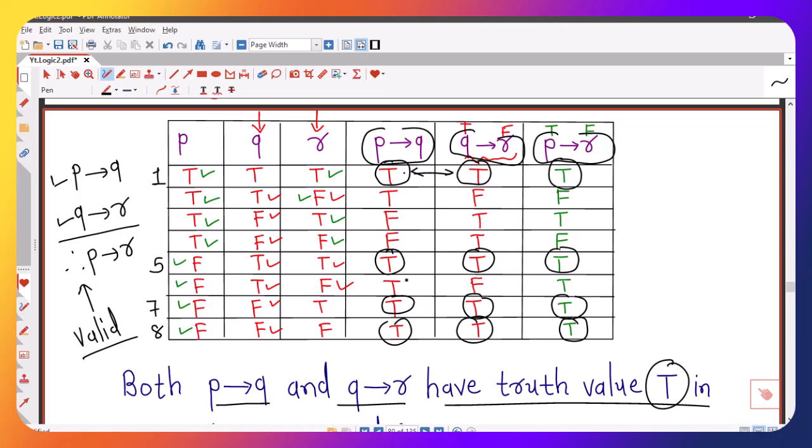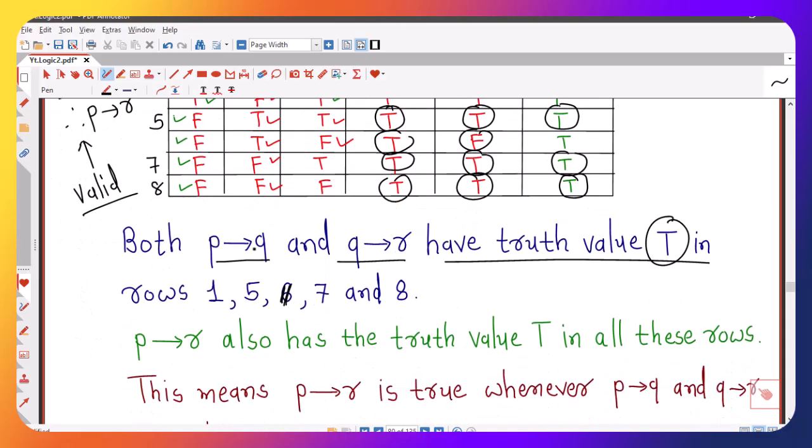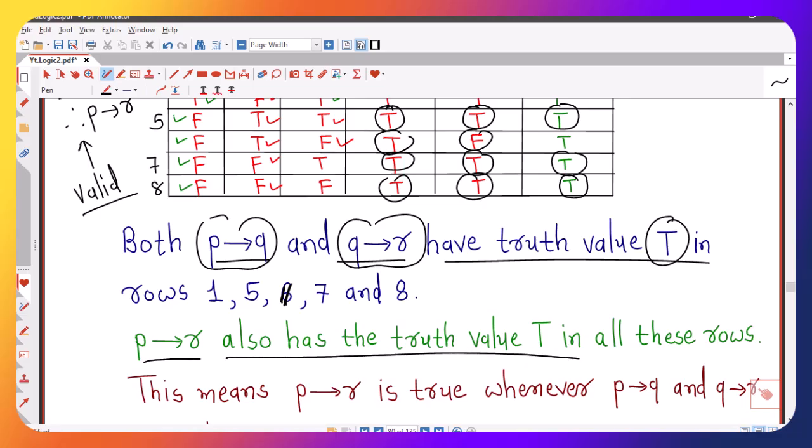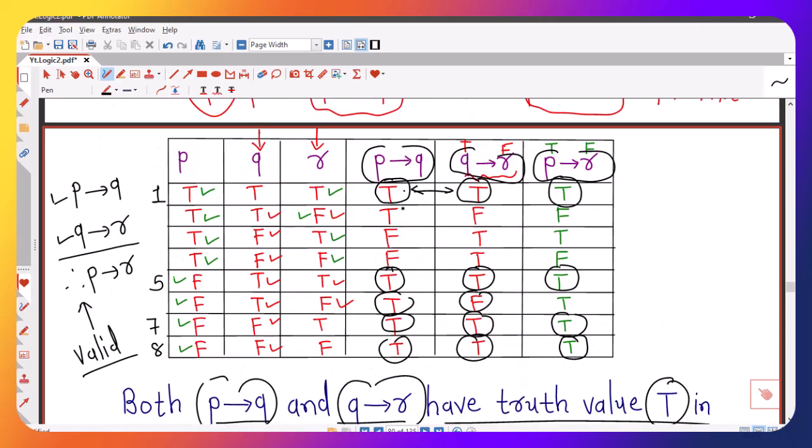In 6th row this is true and this is false. So in row number 1, 5, 7 and 8, P implies Q and Q implies R have the truth value true, and P implies R also has the truth value T in all these rows 1, 5, 7 and 8. That is what we have discussed.